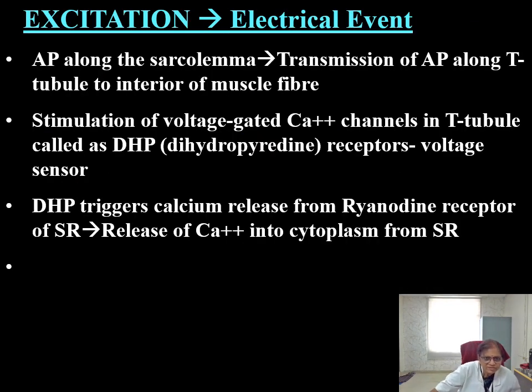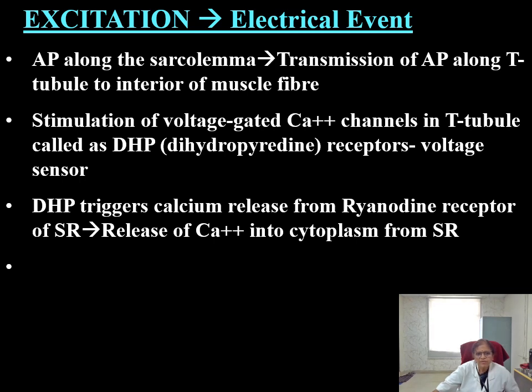So the first event is electrical excitation-contraction coupling. Excitation is related with some electrical activity, nothing but the action potential along the sarcolemma. When it is spreading, it will pass through the T-tubule, transmitting the action potential along the T-tubule to the interior of the muscle fiber.